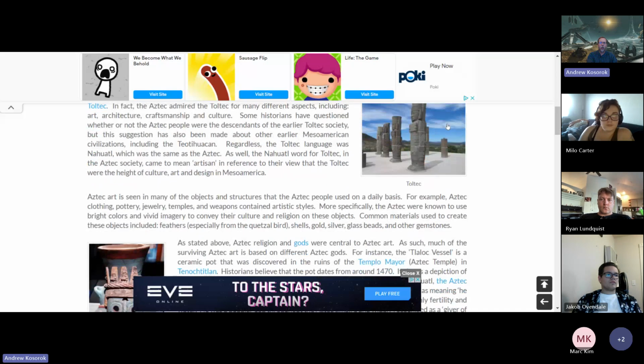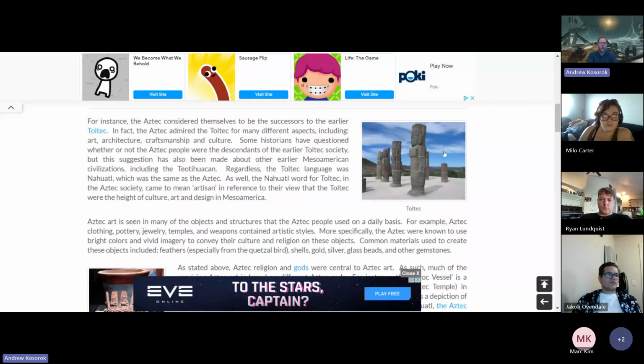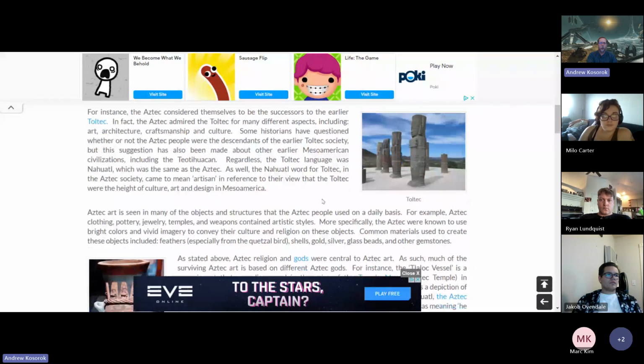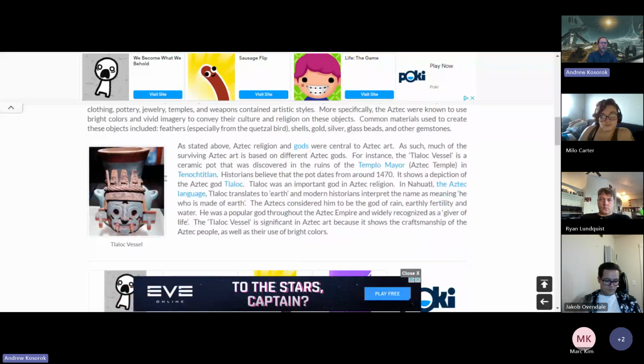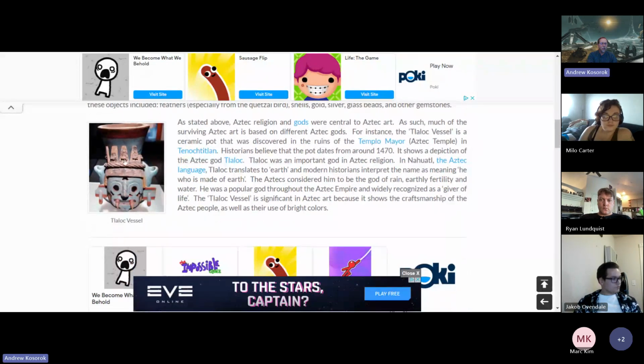But the Aztecs felt that they were the direct descendants of the Toltec, or at least the torchbearers of Toltec culture. And when we look at some of these things, you do see a lot of relations to human form. So it feels to me like when they were showing a depiction of deity, they identified with the deity, at least being appropriate to show it in human form.